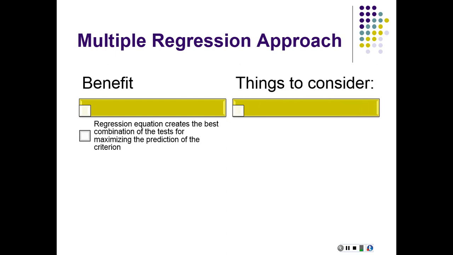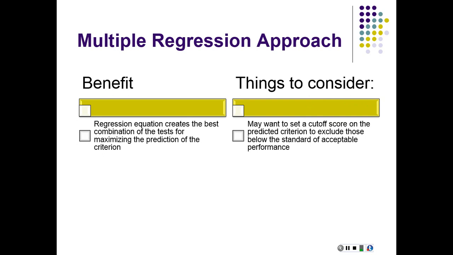Things to consider with regard to the multiple regression approach: we may want to set a cutoff score on whatever predictor we decide is important. We may want to set a cutoff score on the predicted criterion to exclude those whose performance is below the acceptable standard.